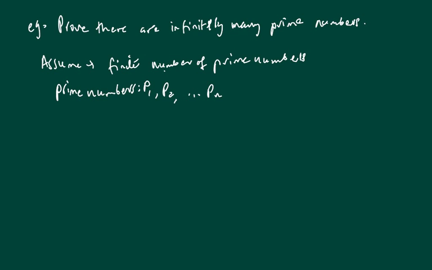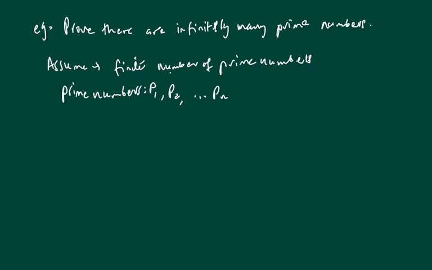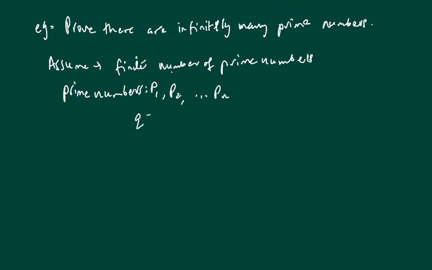And right, so let's now create a number, and let's call this number Q, and say Q is made up of P1 times P2 times P3 all the way to Pn. Now naturally at this point, if I do Q divided by say P2, then that just gives me P1 times P3 all the way to Pn. And so there's nothing special about Q. Q is not a prime number.